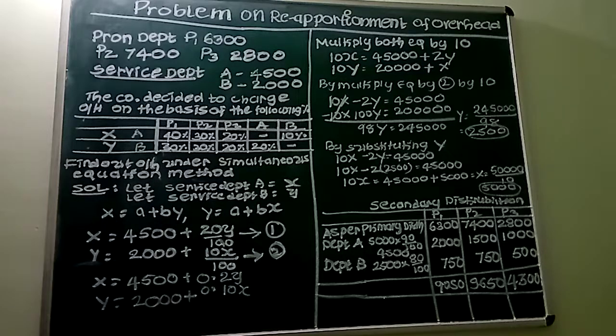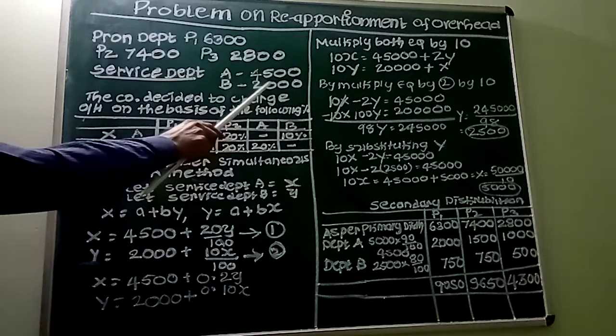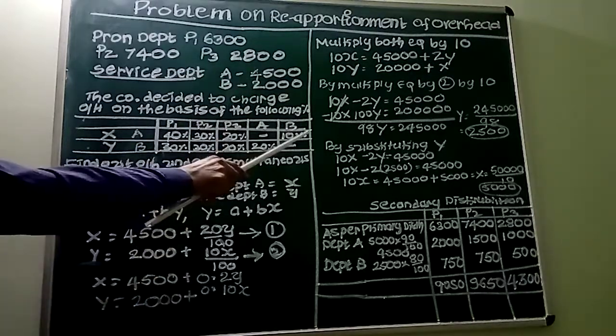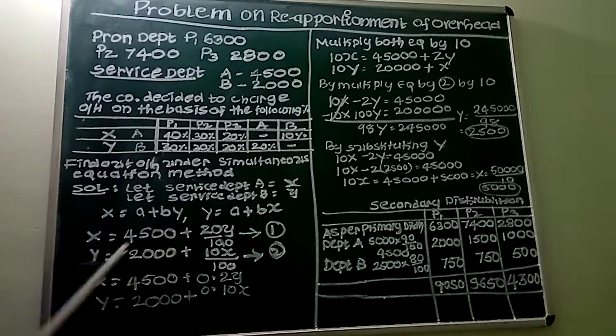Similarly, service department B, which is denoted as Y, is equal to 2000, which is already there. In addition to that, it has to take 10% of the overheads of department X. So 2000 is already there. In addition to that, this department Y has to take 10% of the overheads of department X. That's very important.